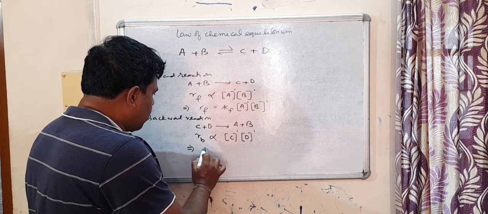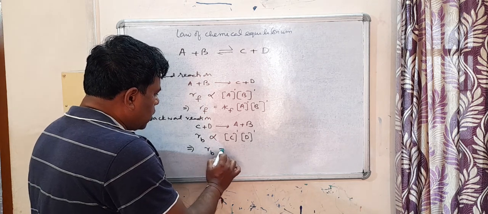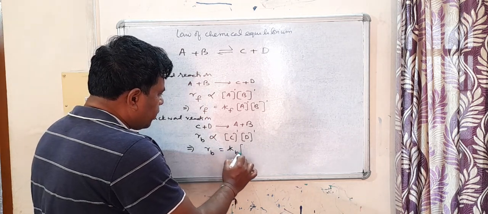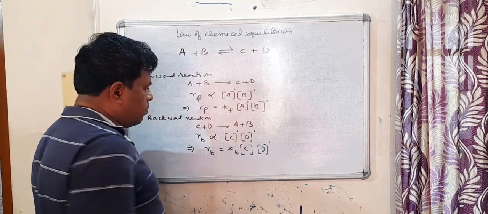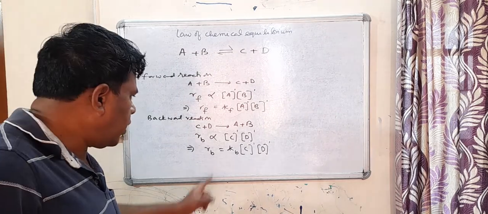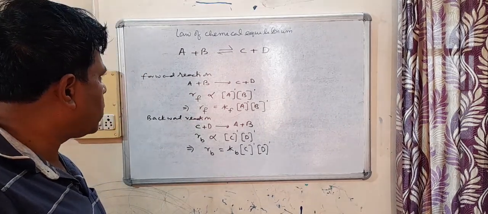And similarly we have Rb equal to Kb, molar concentration of C prime, molar concentration of D prime, where Kb is a rate constant for backward reaction.